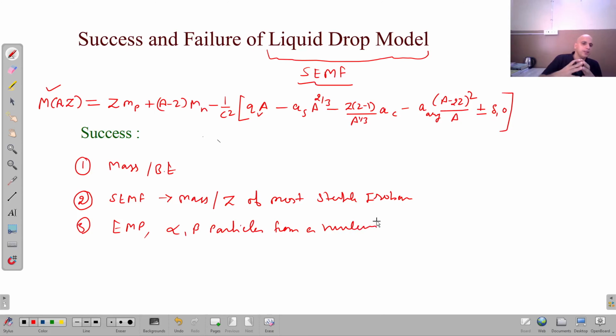I mean, by making use of the equation of mass parabola, we can tell which type of nuclei will be prone to alpha decay and beta decay. In beta decay, we can even predict which nucleus will undergo beta positive decay and beta negative decay. So all these things can be explained correctly with the help of the semi-empirical mass formula or liquid drop model, right.